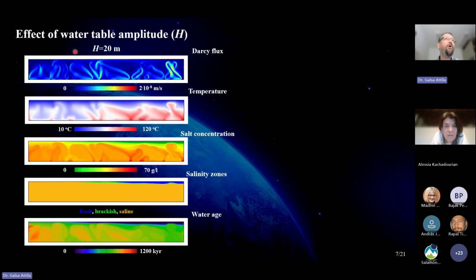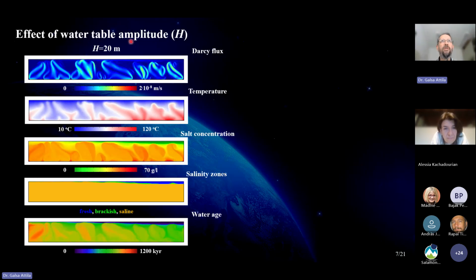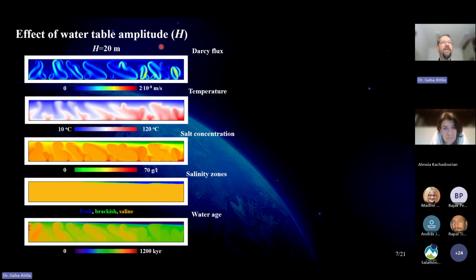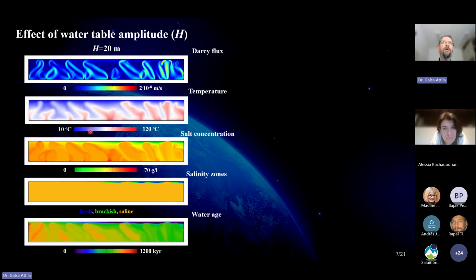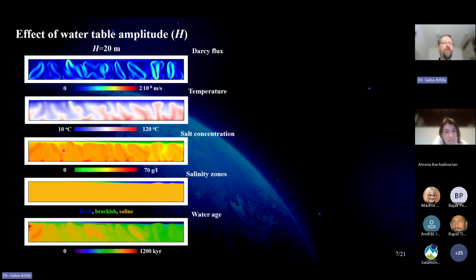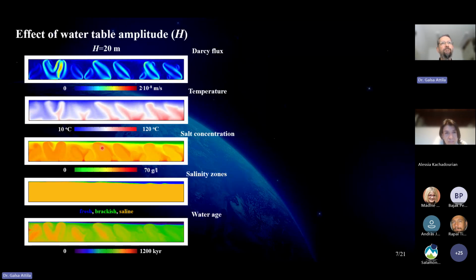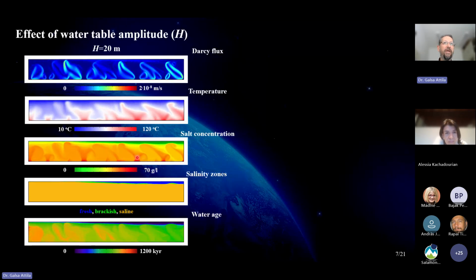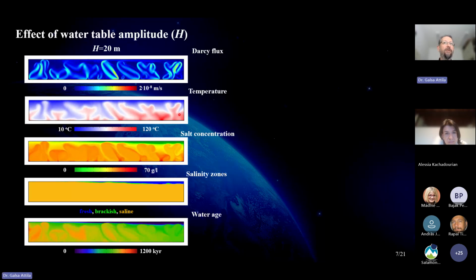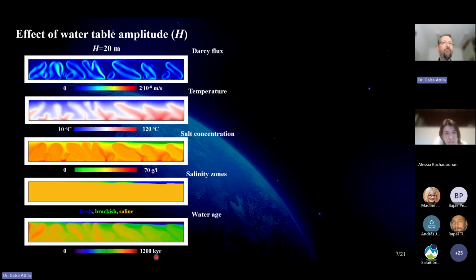And now, let's see the qualitative effect of the water table amplitude. When the water table amplitude H was decreased from 50 meters in the base model to 20 meters, the thermohaline convection occupies most of the basin and forms a thermohaline layer with high temperature, salinity, and extremely high water age.